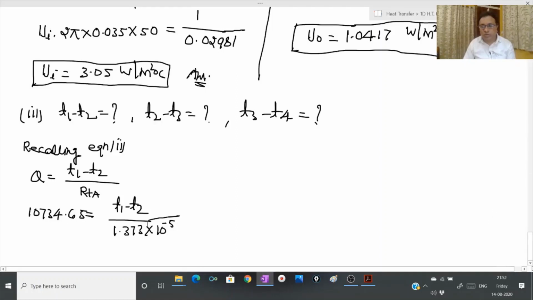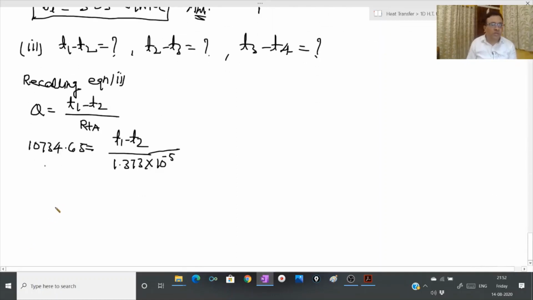So the value of temperature drop across the steam pipe will come out 0.147 degrees Celsius.